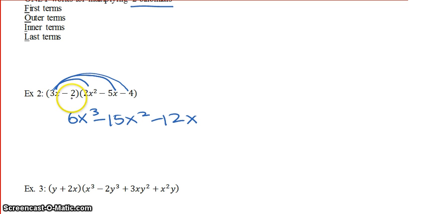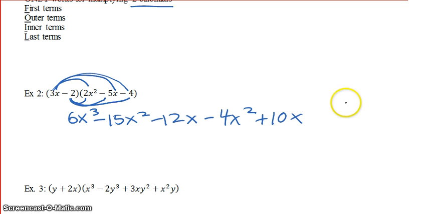Now I'm going to start with the negative 2. Negative 2 times 2x squared, which is a minus 4x squared. Negative 2 times a negative 5x, which is a positive 10x, and negative 2 times a negative 4, which is a positive 8. Go ahead and combine like terms.